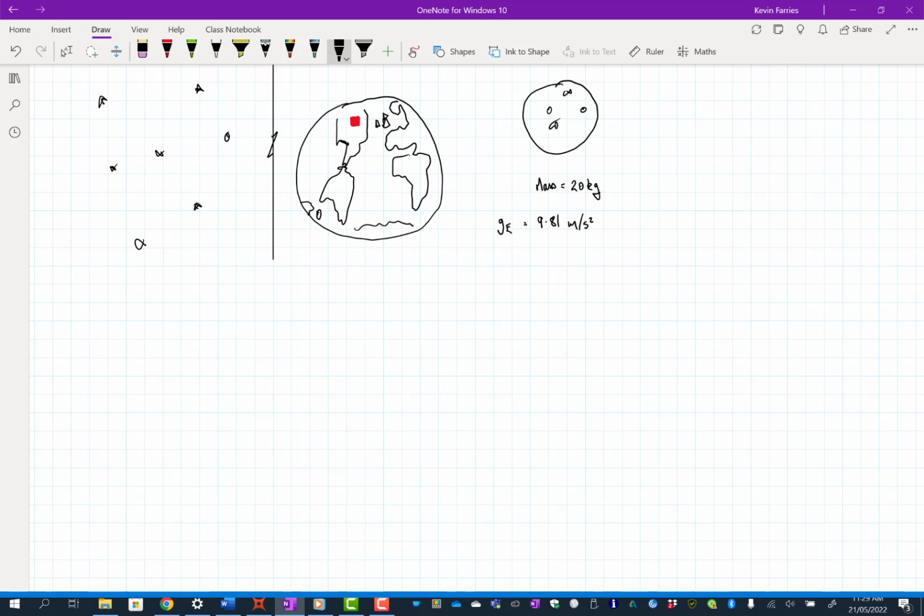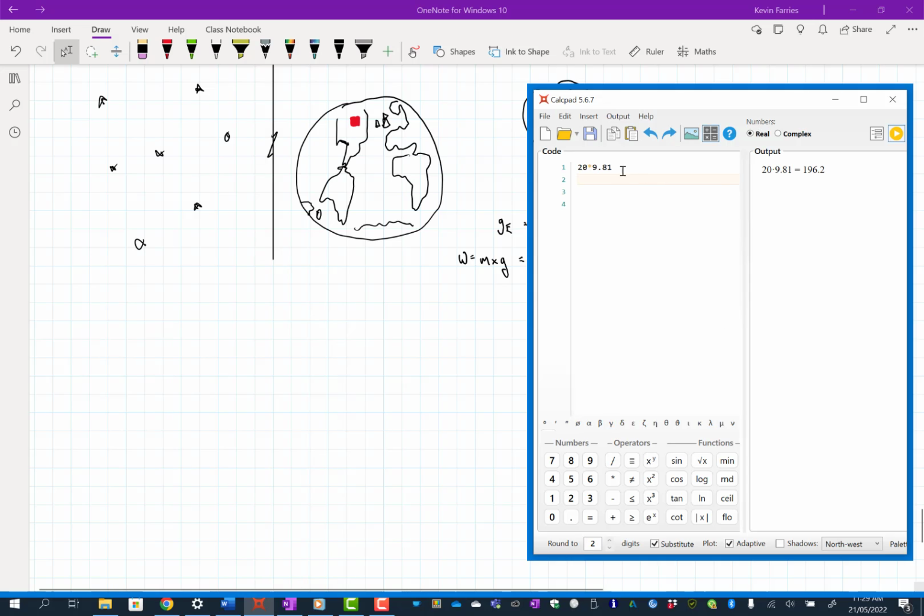To get the weight of an object, weight is equal to mass times gravity. In our case, our little box has a mass of 20 kilograms. You have to use kilograms in this equation unless you're doing a bit of a shortcut, which I'll tell you about later. So 20 times 9.81 is 196.2.